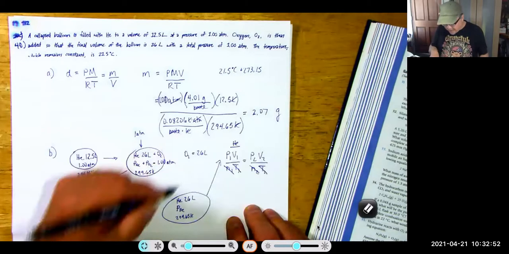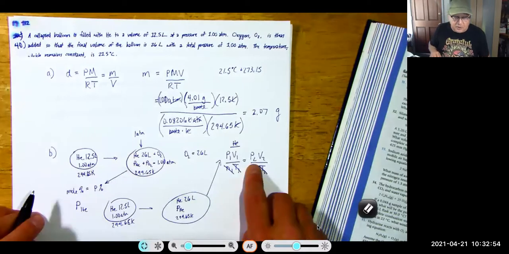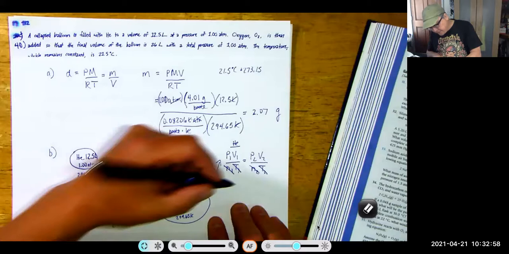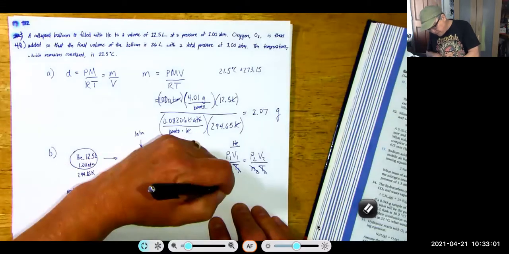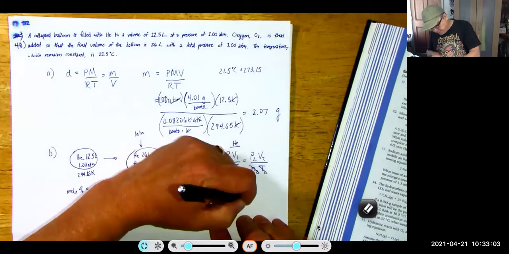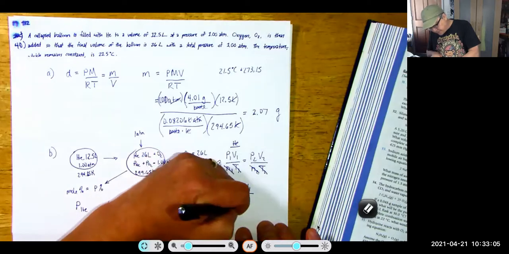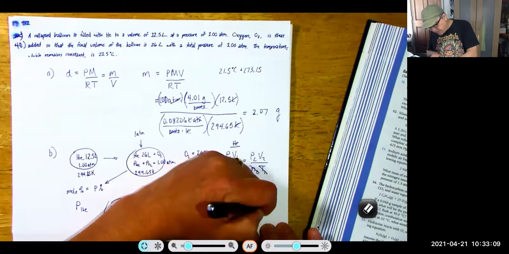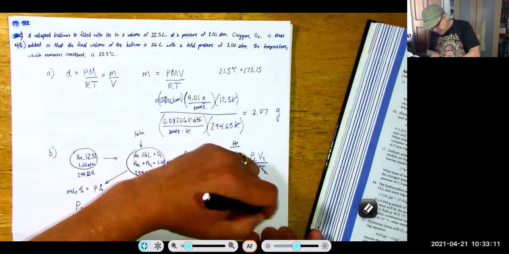So we want to calculate P2, the partial pressure of helium in this bigger balloon. P2 is going to be P1V1 over V2, which is 1 atmosphere times 12.5 liters over 26 liters.